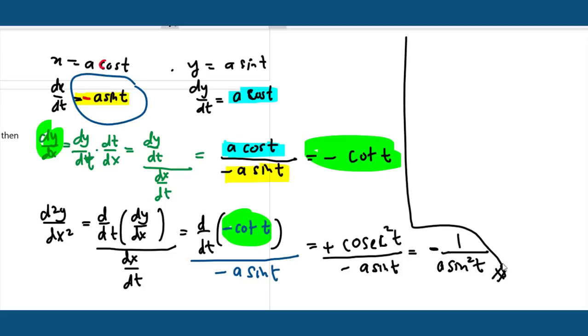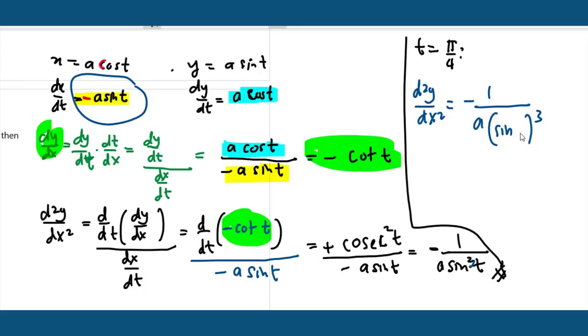Then when t is equal to pi over 4, just substitute into d²y/dx². It is equal to 1 over a, sine cubed of pi over 4. Sine pi over 4 is equal to, calculator gives the answer, root 2 over 2, or 1 over root 2.